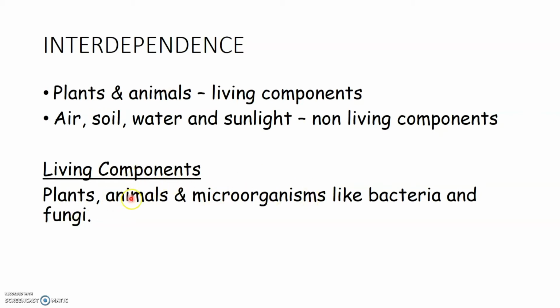So plants, animals and microorganisms like bacteria, fungi, viruses are the living components that are present in the environment around us. Now let us learn about each of these living components one by one, starting with plants.